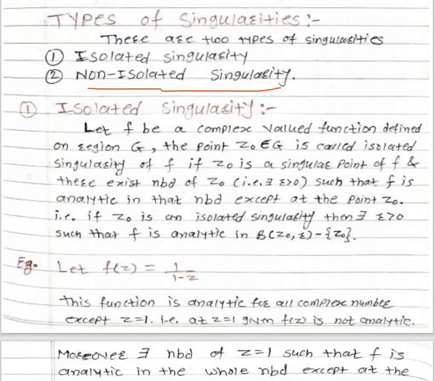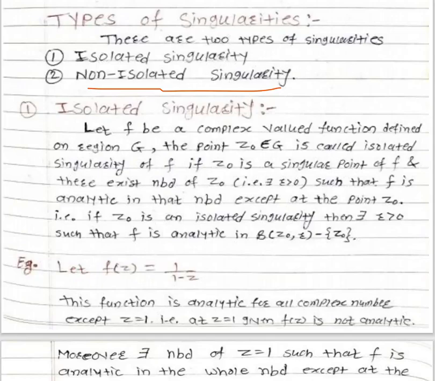What is the isolated singularity? Let f be a complex valued function defined on a region G. The point z0 belonging to G is called an isolated singularity of the function f, when z0 is a singular point of f and there exists a neighborhood of z0, that means there exists r greater than 0, such that f is analytic in that neighborhood except the point z0.